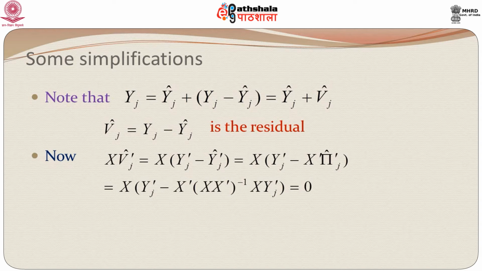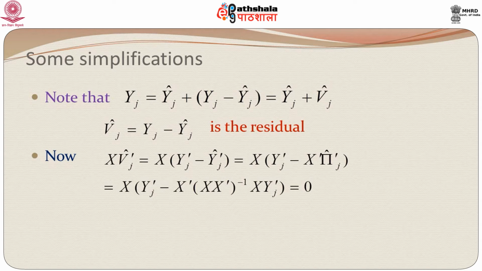This is because you substitute vj hat, which is yj minus yj hat prime, and you have, after some simplification, both terms coming out as x yj prime. So, they cancel each other and we get 0. So, x is, as always, uncorrelated to the residuals.